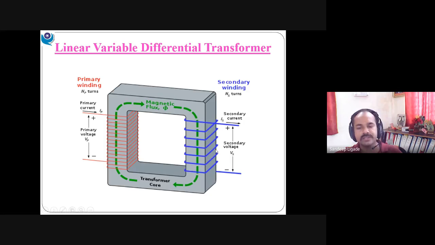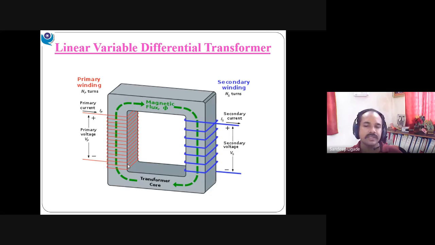So in this case, overall, the conductor is stationary, but flux is continuously changing, moving. Hence, whatever EMF is developed in the primary and secondary is called statically induced EMF. In the case of a transformer, whatever EMF is induced is called statically induced EMF.